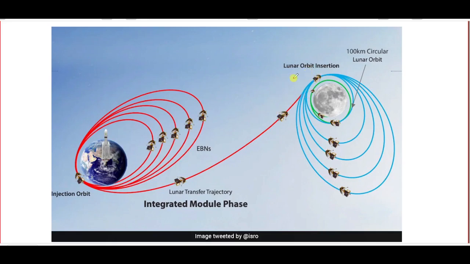Now, somewhere in this vicinity, the problem becomes more complicated, because here the satellite is under the attraction of both the Earth and the moon, and it's really a 3-body problem which is much more complicated. But quite soon, the satellite enters a region where it's basically the moon's gravity which dominates, and after that it goes into a lunar insertion orbit, a large orbit like this, with a perigee pretty close to the surface of the moon, but an apogee very far away.